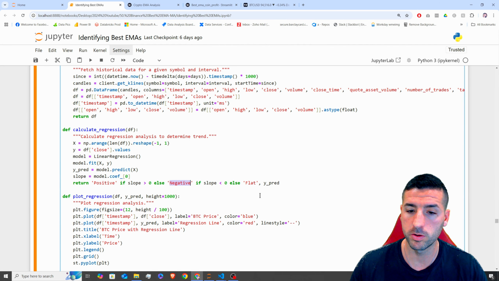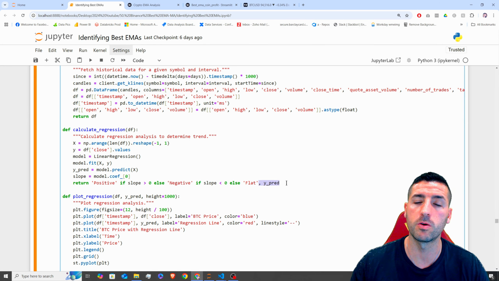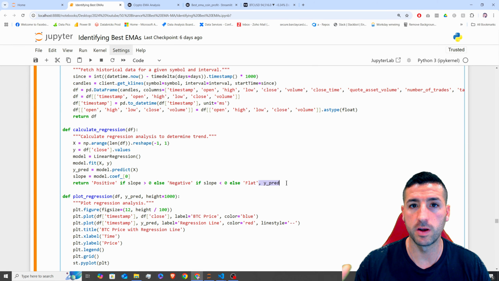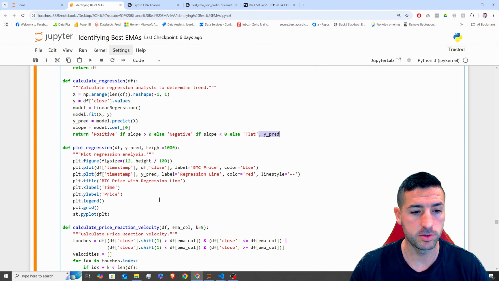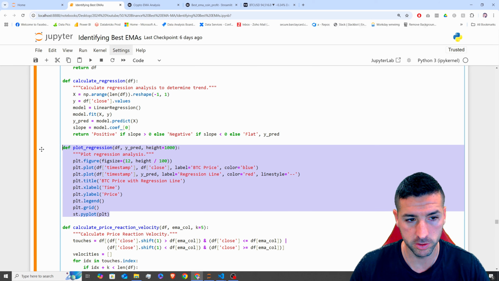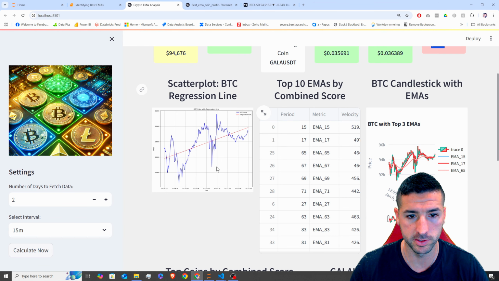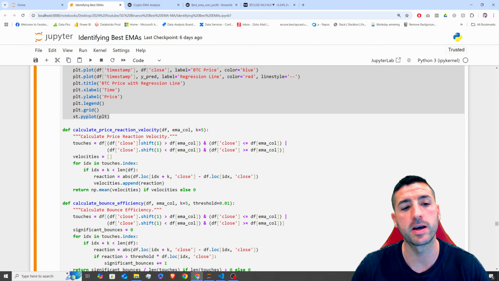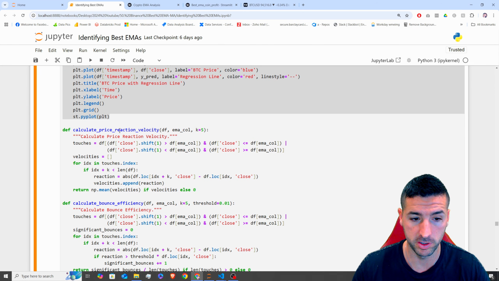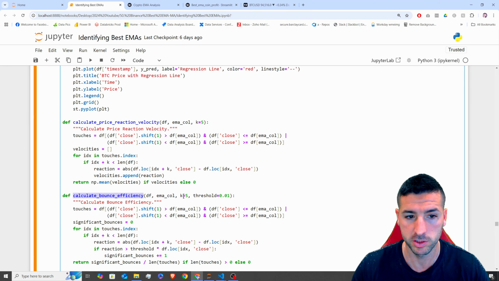And then it also returns the Y predictions, so we can actually plot the regression line of Bitcoin. Next, we have the plot regression function, and this function basically creates this visual you see here. Next, we have the calculate price reaction velocity function and the bounce efficiency function.